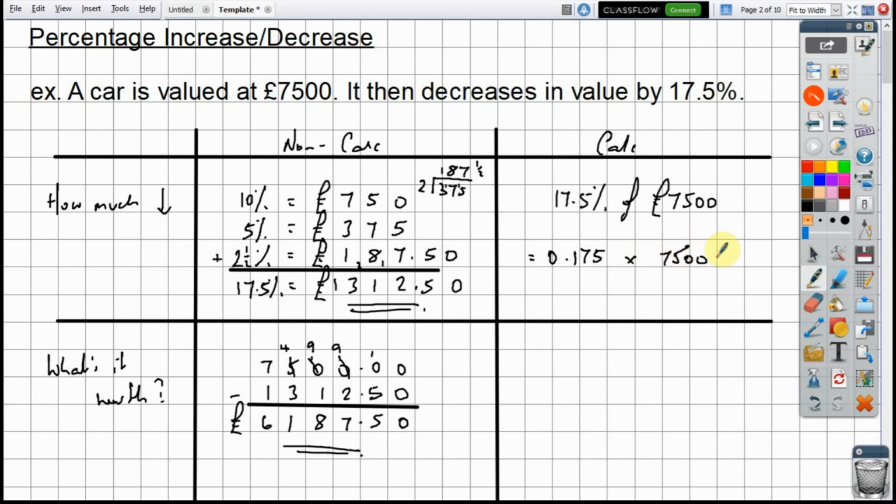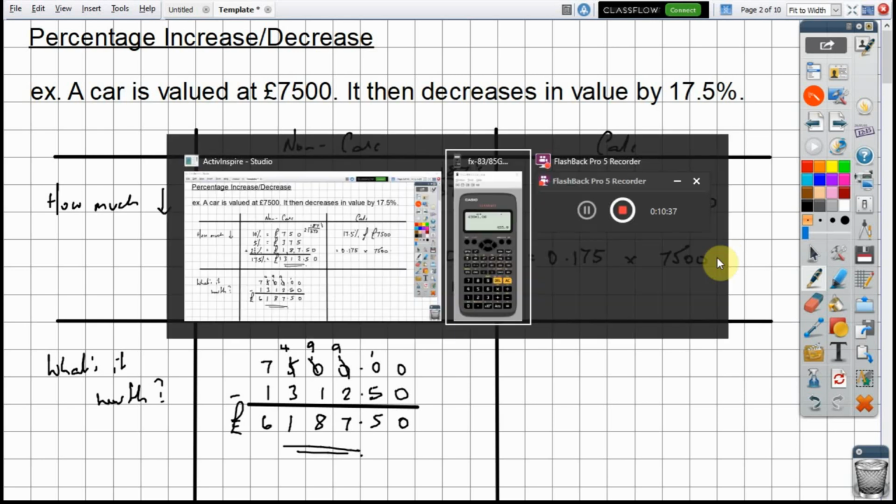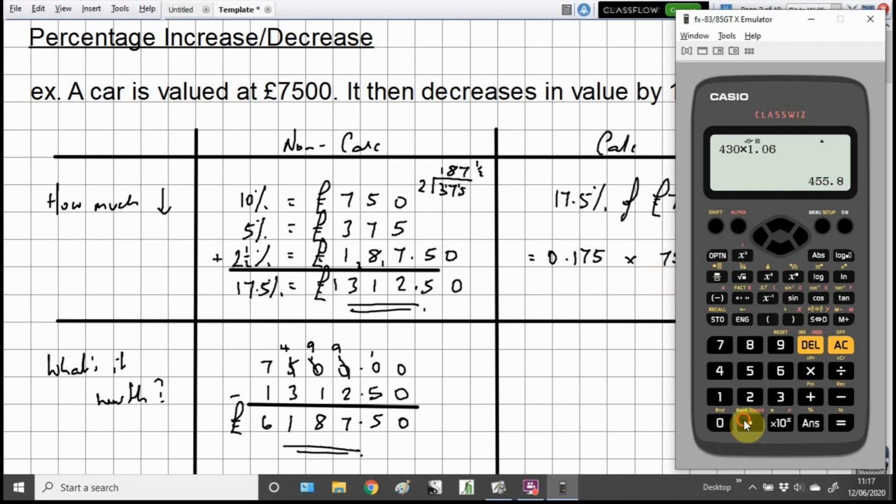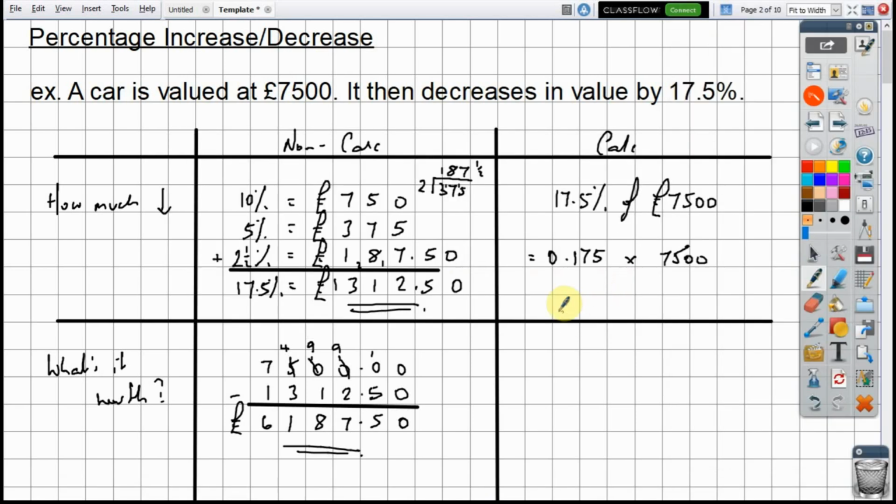I can put that into the calculator, 0.175 times 7,500, and get an answer of exactly what I had there, 1312.50.